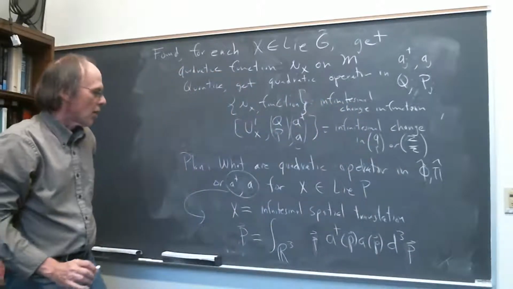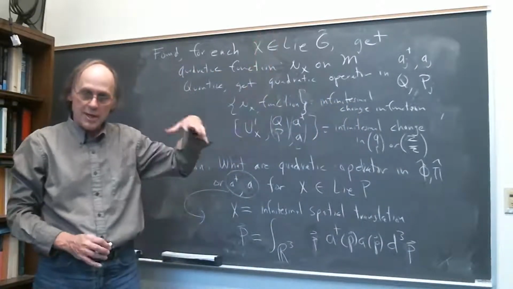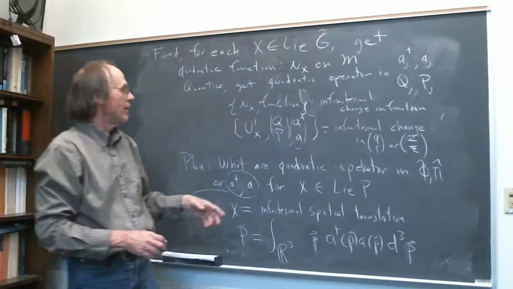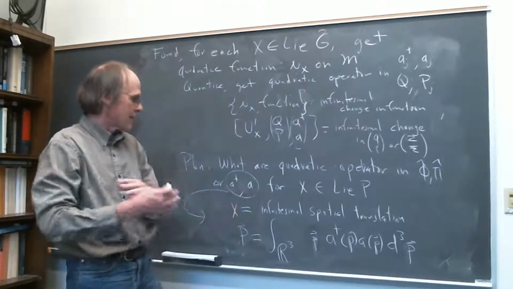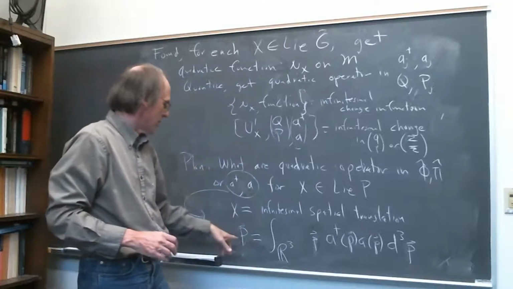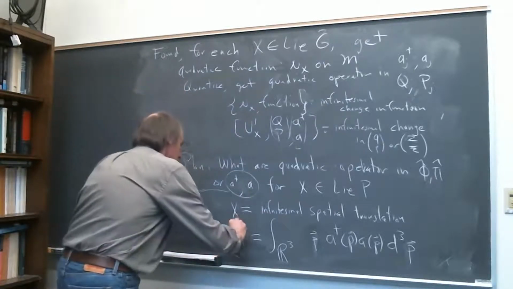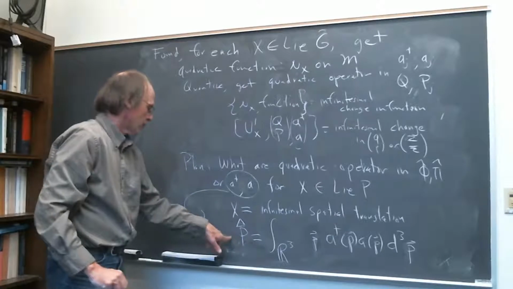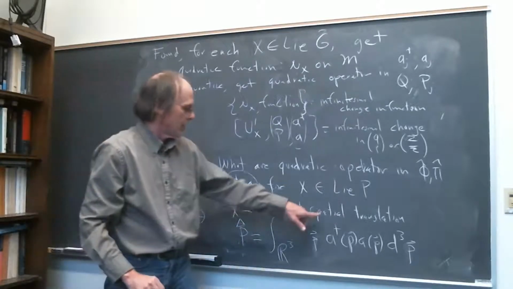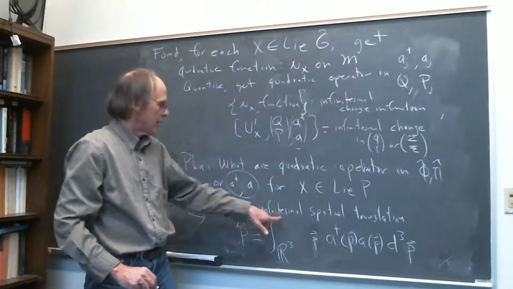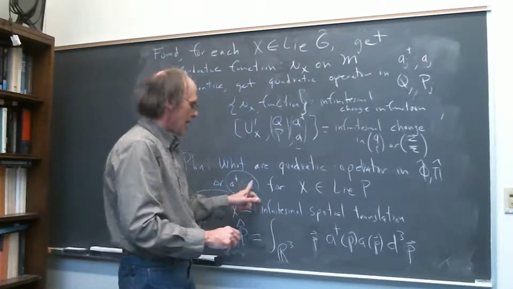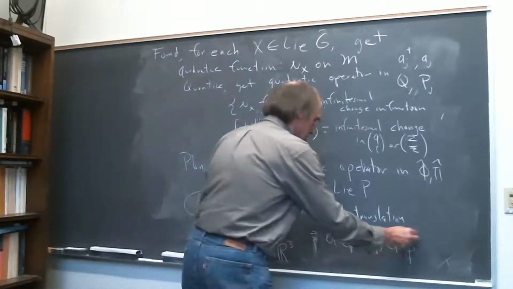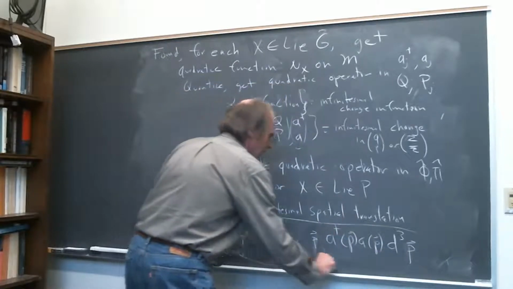I could go through that whole formula; you can go through it as an exercise in the whole formalism of saying what an infinitesimal spatial translation is and what it's going to do. But what generates infinitesimal translations is a quadratic operator in the A's, which is just this obvious thing.